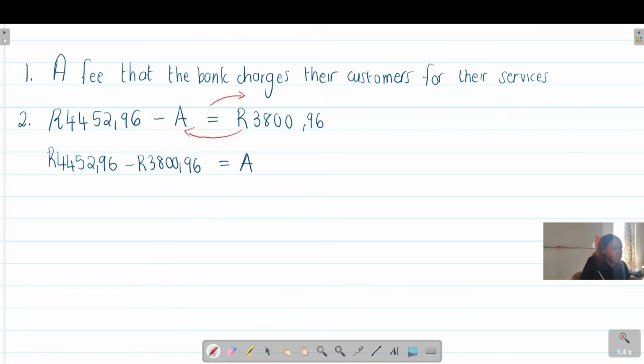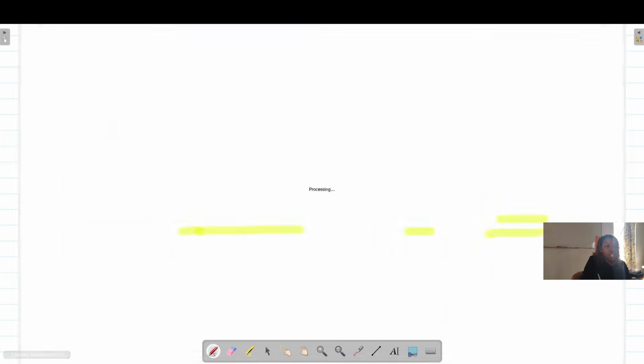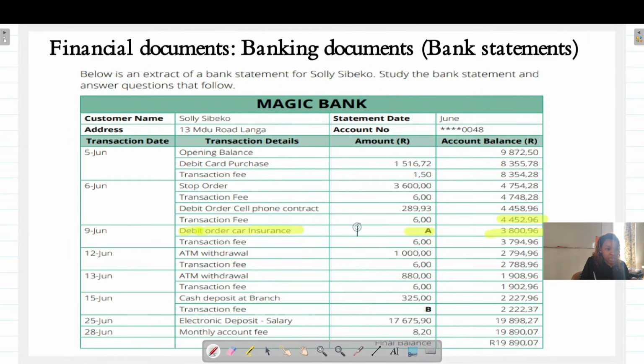If you punch that into your calculator, you will find that A is equal to 652 rand. So you can also write it as A is equal to 652 rand. You can also do a quick check. We said A is equal to 652.